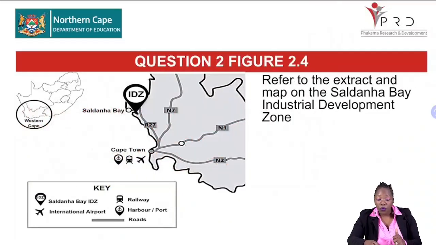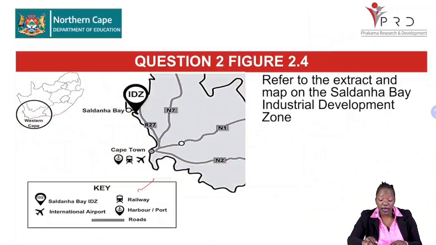Then we're looking at your figure 2.4. For figure 2.4, you refer to the extract and the map on the Saldanha Bay Industrial Zone development. You are given a key: the IDZ, your international airport, your railway, your harbor or port, as well as the roads.